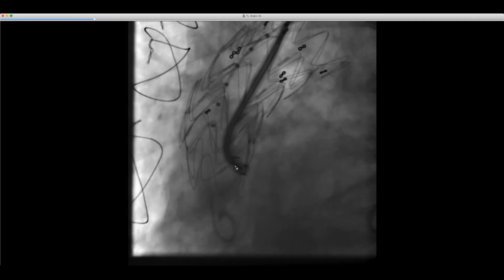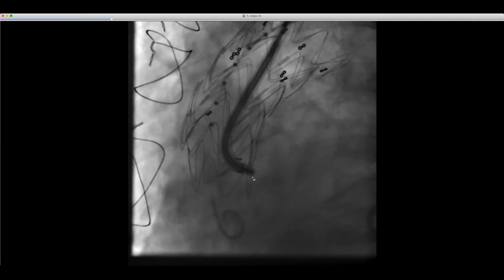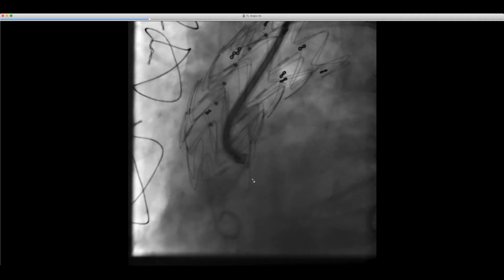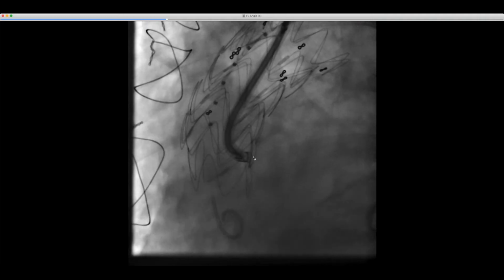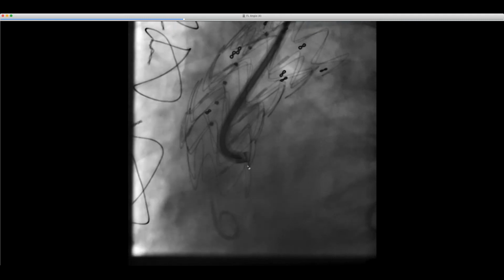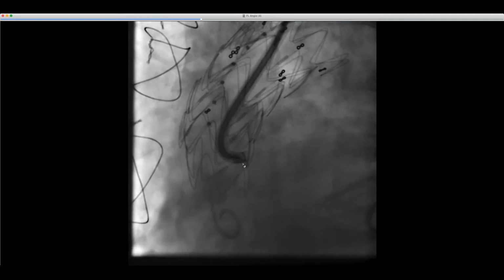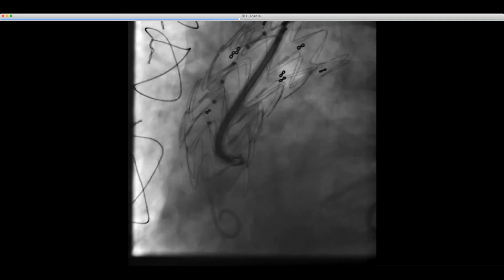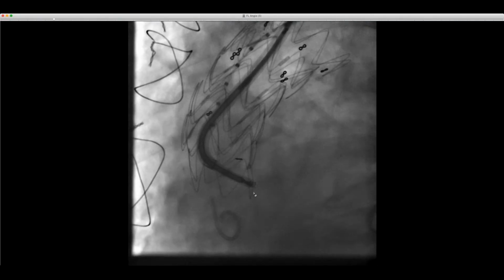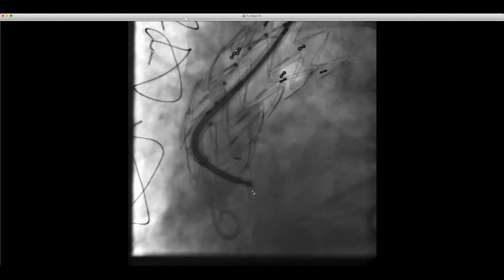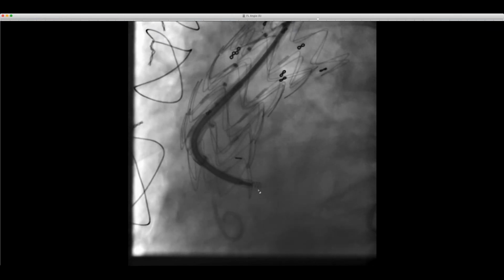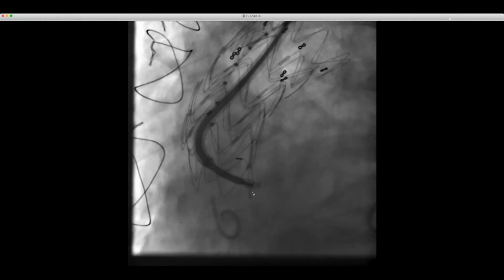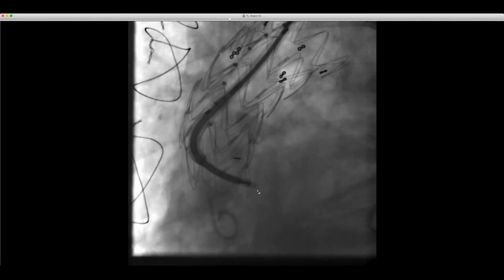You can barely see the undeployed endo screw there, and now it's going to come out, and we're going to twist it from the endograft into the aortic wall. I think it's in the next frame. Actually, let me skip forward. The endo screw is coming out, and it's literally going into the aortic wall, anchoring this portion of the proximal stent to the aortic wall.